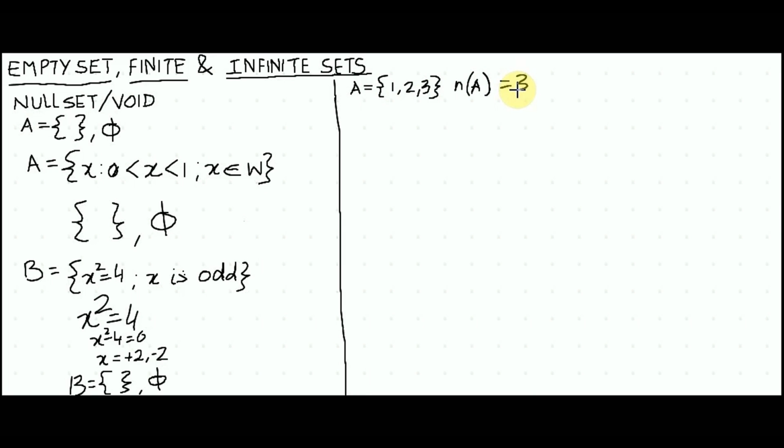That means, as the name suggests, a set is called a finite set when it has a limited number of elements. Take another example, set B. Here I will write x, again in set builder form.